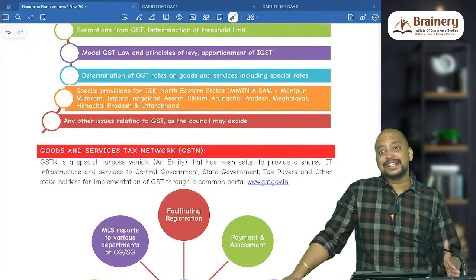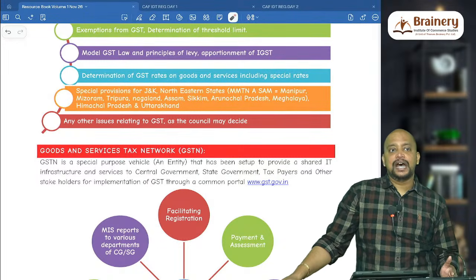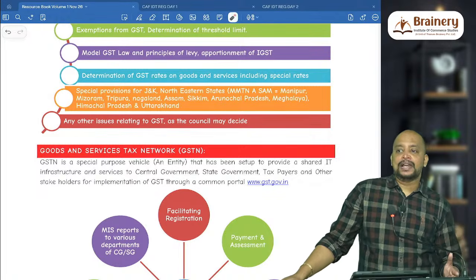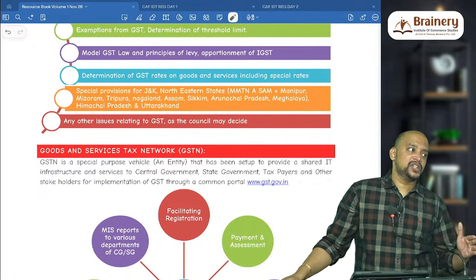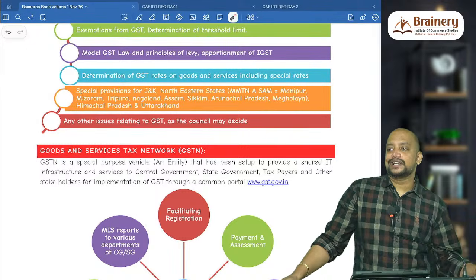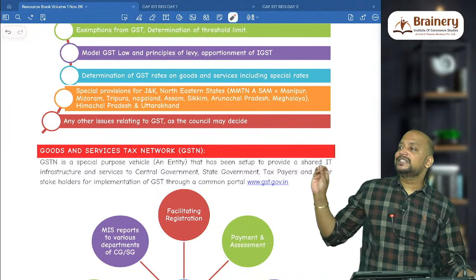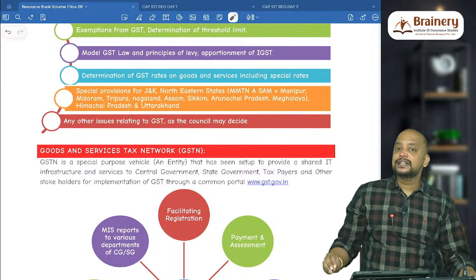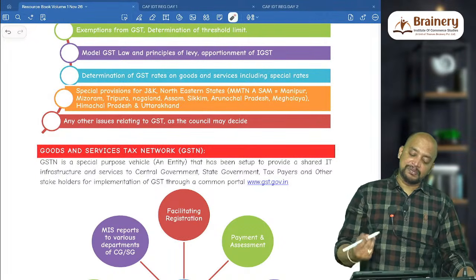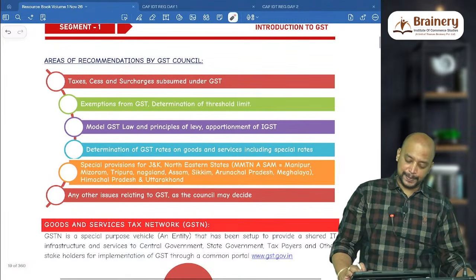Then ASAM: A for Assam, S for Sikkim, another A is Arunachal Pradesh, M is Meghalaya. Then HUJ: H for Himachal Pradesh, U Uttarakhand, and J Jammu and Kashmir. For these 11 special category states, the decisions, certain reliefs, etc. will be taken by the GST Council, and any other issues relating to GST.